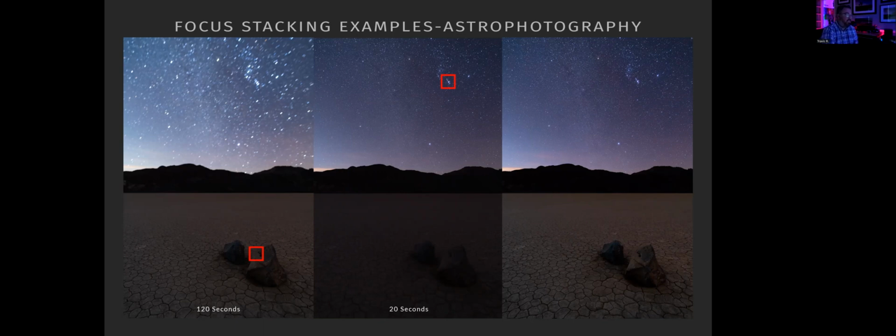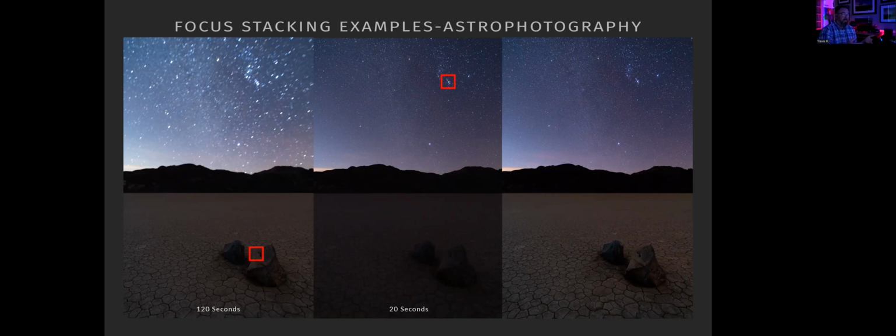And so if you focus on the foreground elements at f2.8, you can see that the background stars and mountains are very soft and out of focus and not appealing and not what you want for the image. So you have to focus on the foreground elements and the stars to bring the two images together.